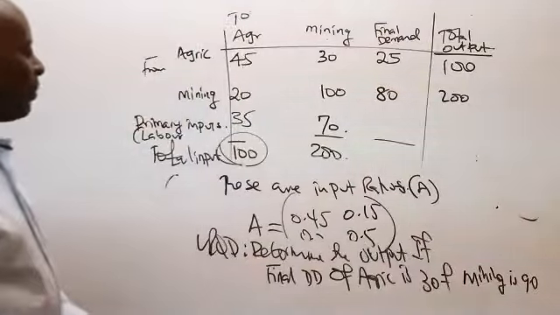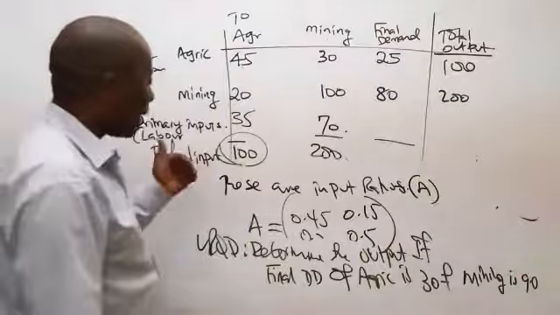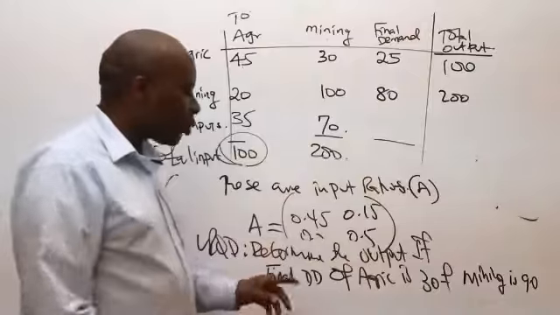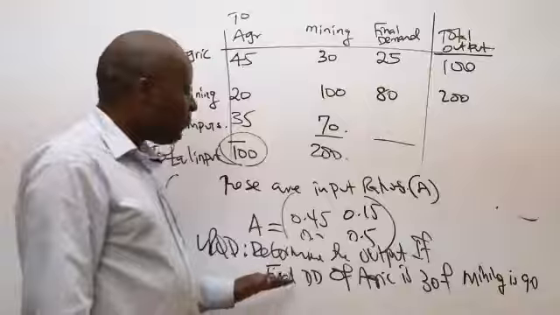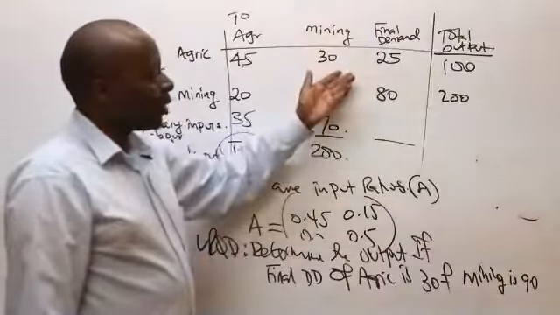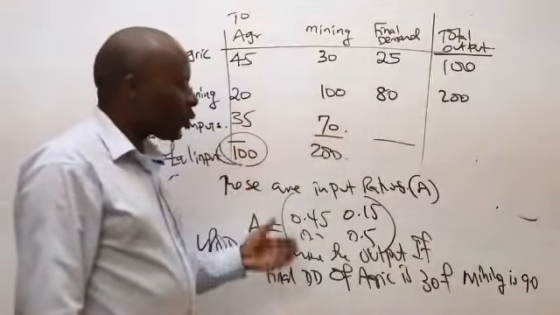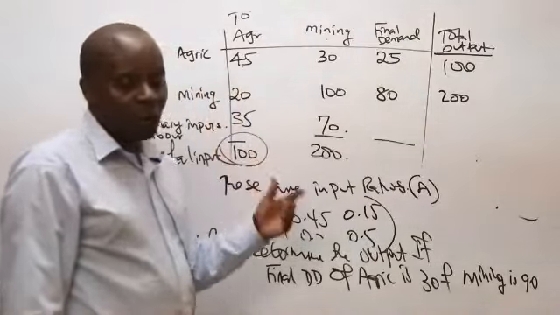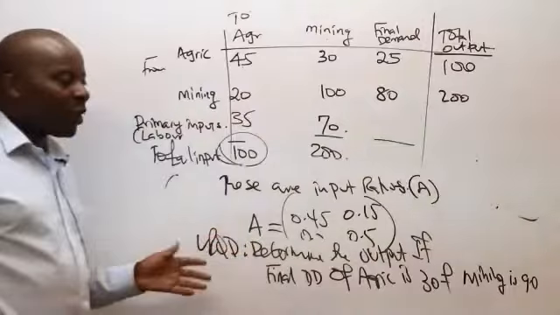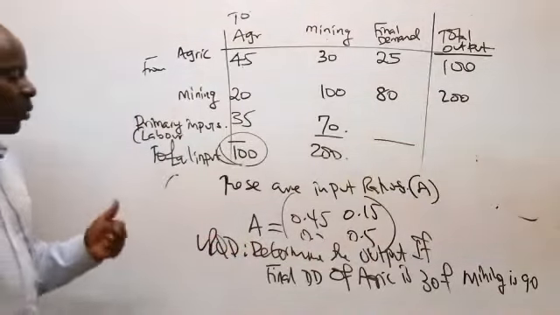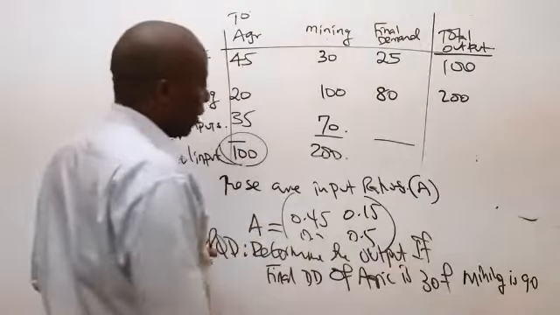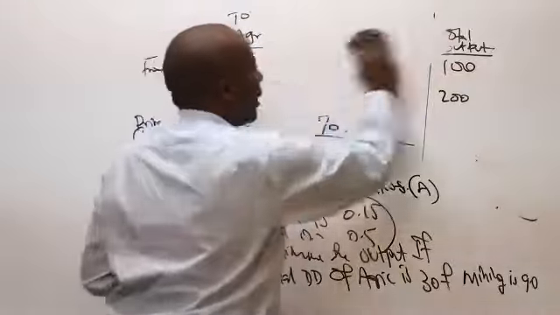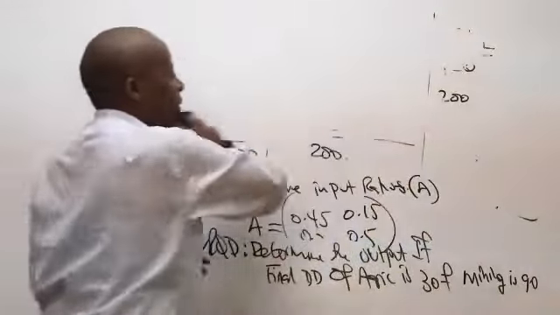So, ladies and gentlemen, remember, you'll get a situation in another requirement where the examiner tells you to determine the output if the final demand changes. You're told it changes to 30 and 90 for agriculture and mining respectively. Then what shall you do? That is very easy. This table now is useless.